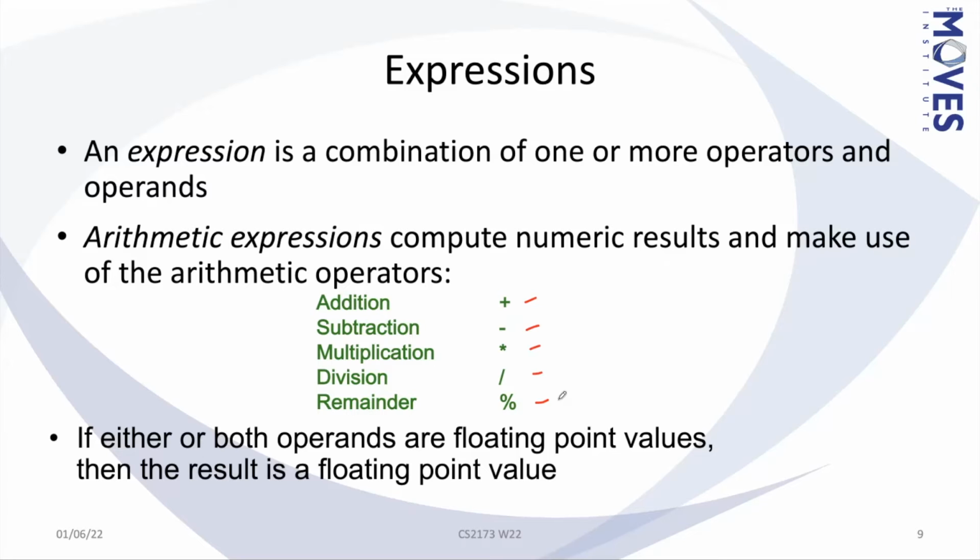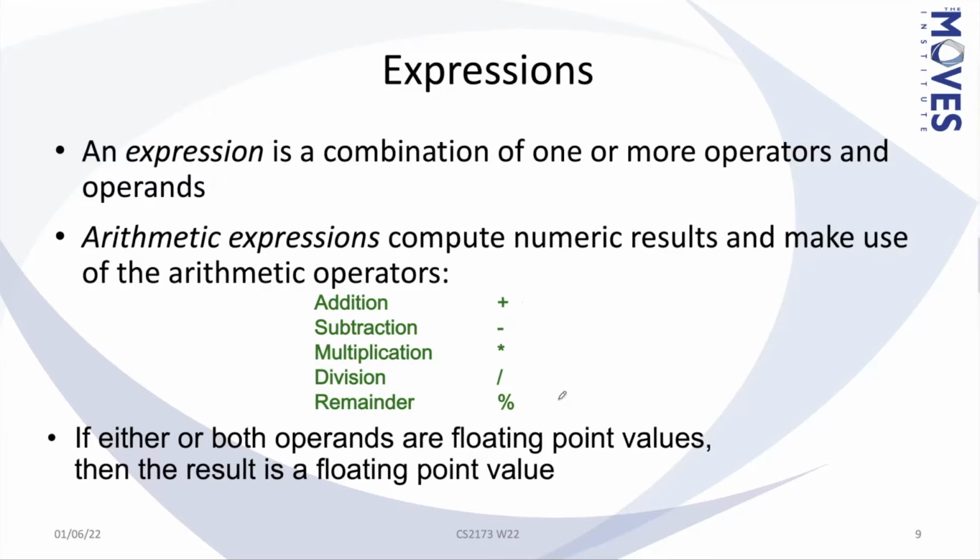If you have just integers, whether they're ints or longs, then the result is an integer or a long. So if I add two integers together, I will get an integer. If I multiply two integers together, I'll get an integer. If I divide two integers together, I'll also get an integer. That's the gotcha.